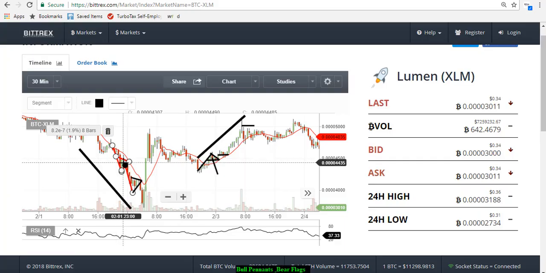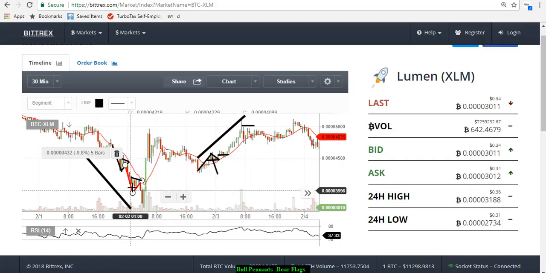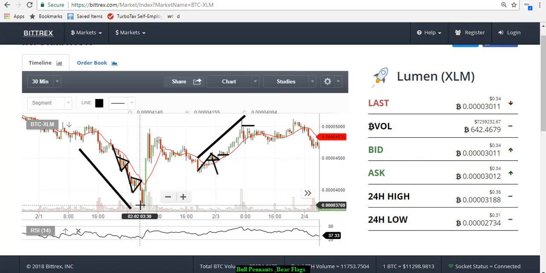But then you see a flag form and you go, you know what, I'm going to wait it out, because if that flag validates itself, it will continue into a breakdown, and then it will hit a bottom. So it can be a good indicator if you see a flag form, and then you see it continue to decrease. You might follow that decrease down to the bottom, and then enter in here, and then sell at the top.